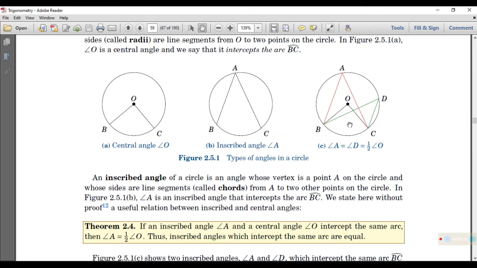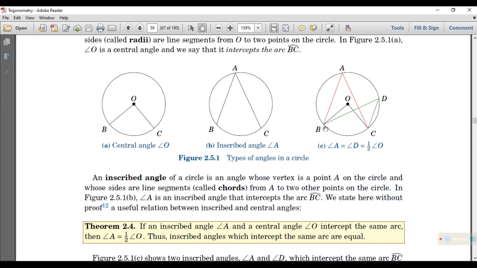Ngayon, pinagsama-sama natin siya sa isang figure. Meron tayong figure C. If you will take notice here, may dalawa na tayong inscribed na angle. Ang idea dito, wherever you plot the vertex of your inscribed angle, as long as they are intercepting the same arc, parehas pa rin sila ng measurement.